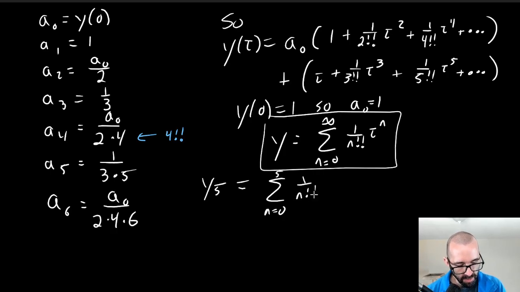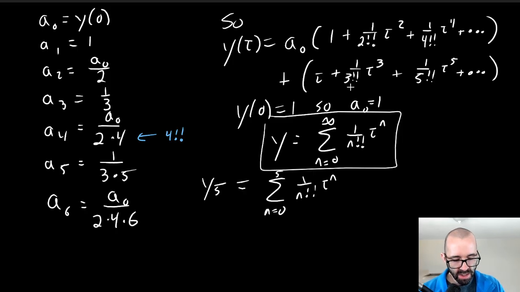And that is something that we can work with pretty easily. Like, let's just look at the first 6 terms. Okay. Let's see this in action. How well do these polynomials approximate the actual solution?